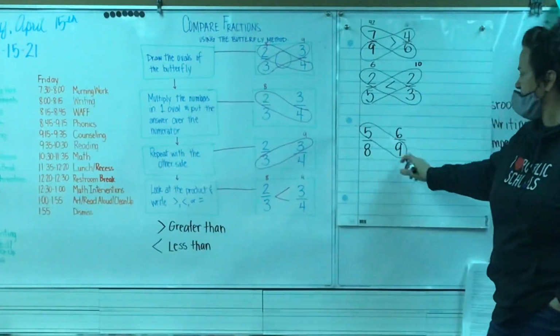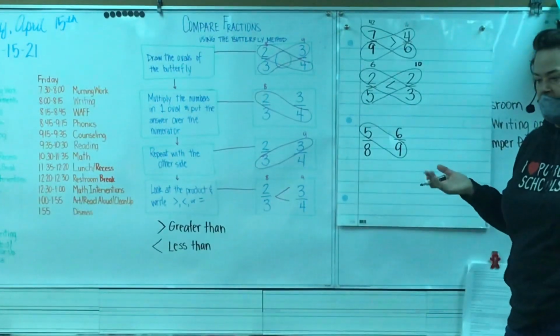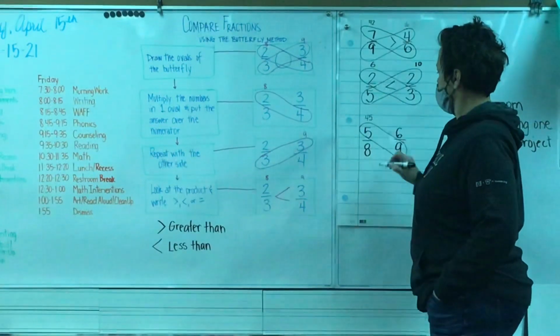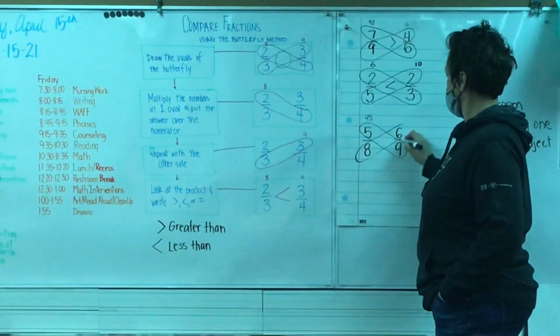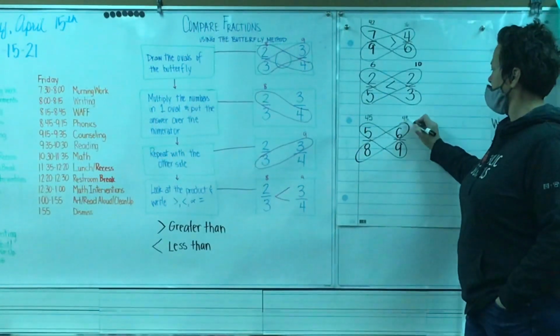Do you know what 5 times 9 is, or 9 times 5? Yeah. What is it? 45. So then 8 times 6 is 48.